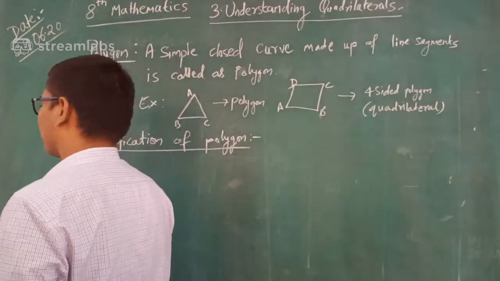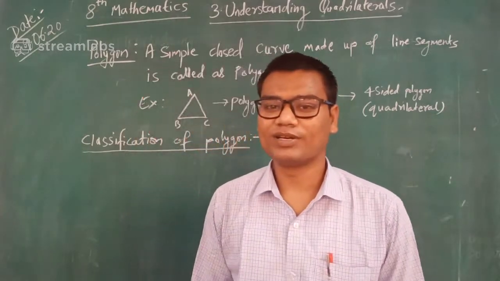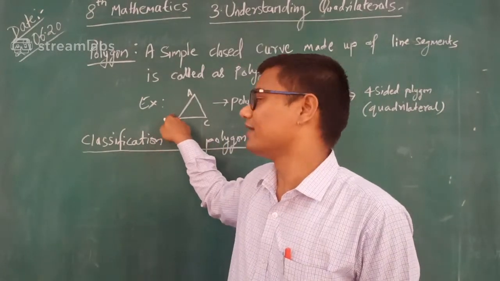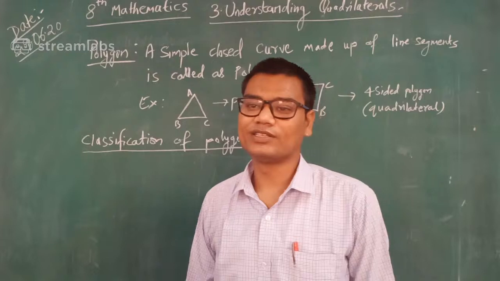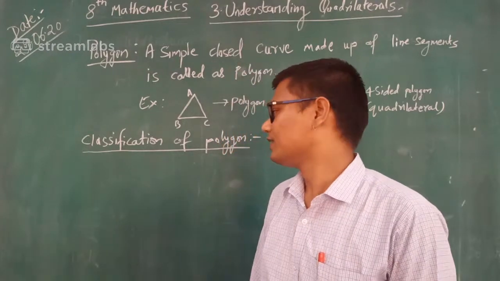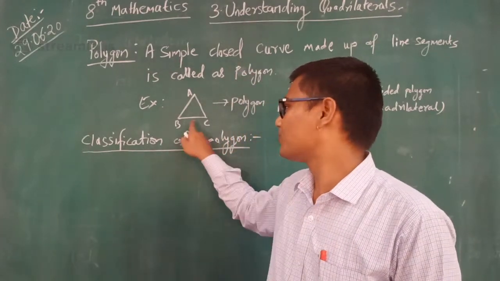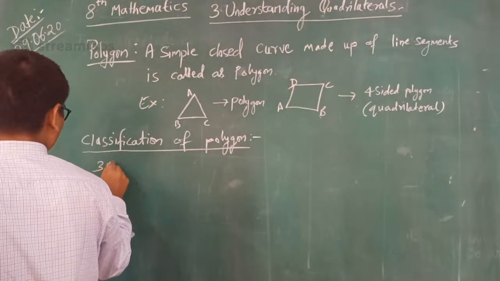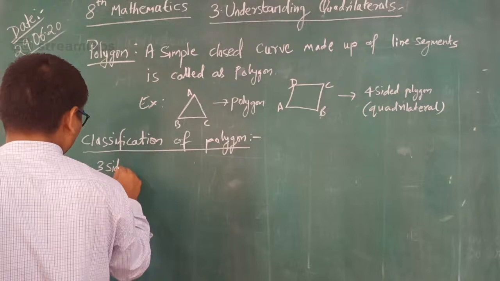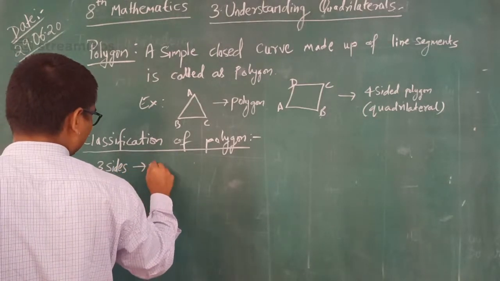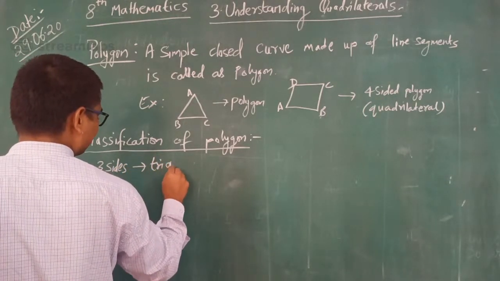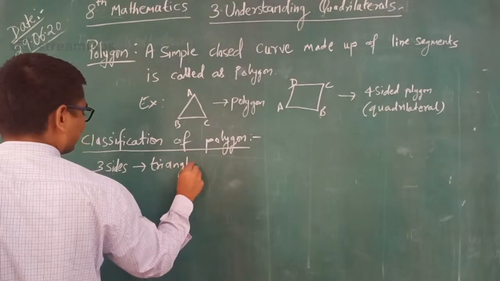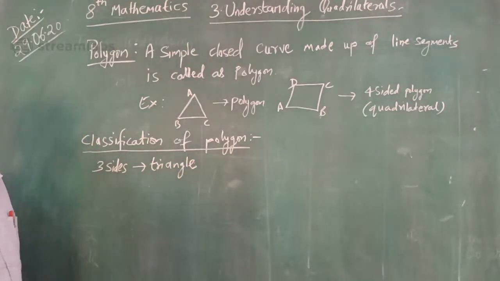The smallest polygon possible is a triangle. We cannot have a polygon with two sides. So the simplest polygon has three sides. A three-sided polygon is a triangle.